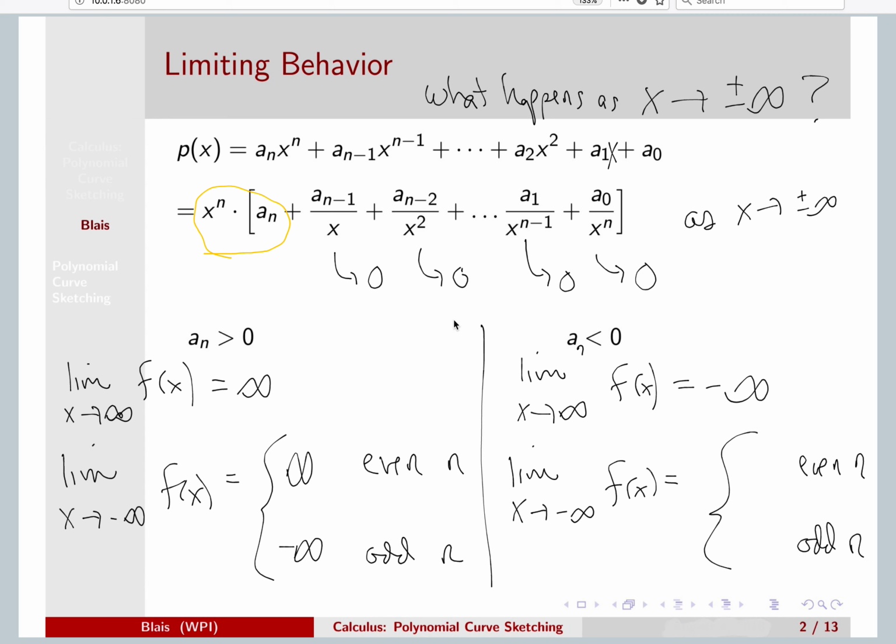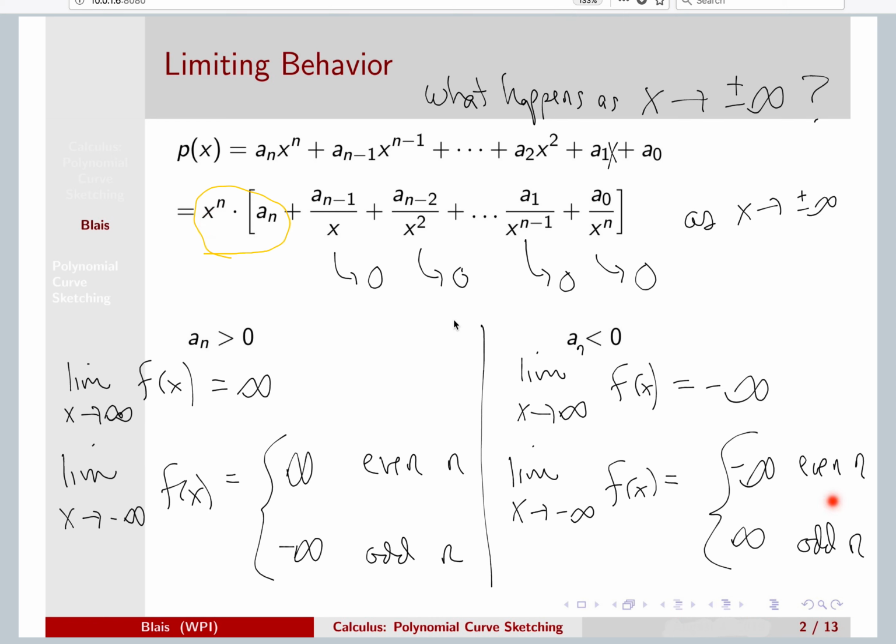It will depend on the even or oddness of n. So again, reason it out. a sub n is negative. If n is even, you have a large negative number raised to an even power, so you get something positive. Positive times negative will be negative, and so the limit is minus infinity, and infinity in the odd case. So in the odd case, a sub n is negative. You have a large negative number raised to an odd power, so you get a negative times a negative, which is a positive.